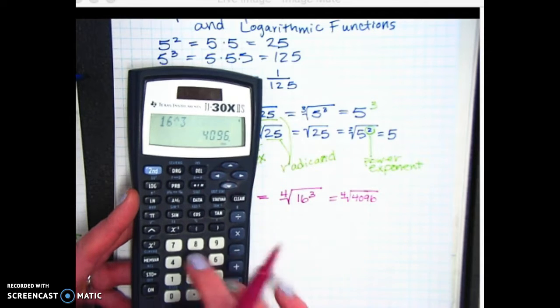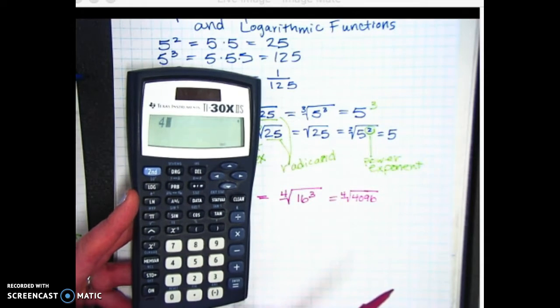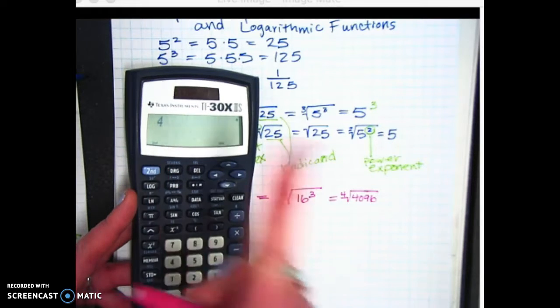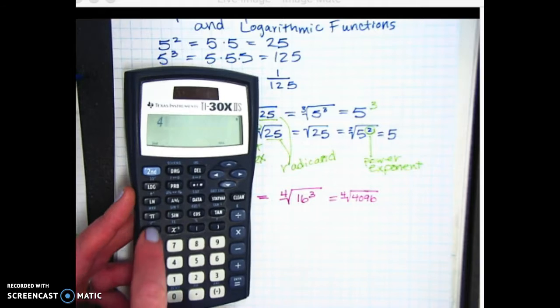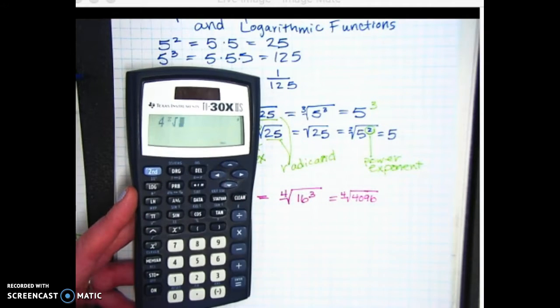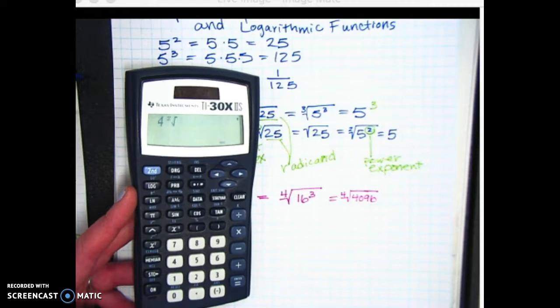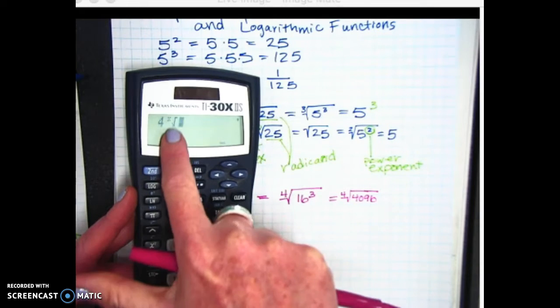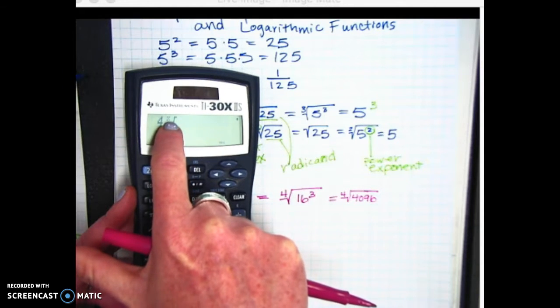Now we just need to take the fourth root. So on this calculator, you have to type a 4 first, because you want the fourth root. And then you hit second, or on some calculators it's shift. And then there's two different buttons. One that has the x root and one that's just a regular old square root, right? So if you're taking anything other than just the square root, so the third root, the fourth root, the fifth root, the 28th root, the 95th root, whatever, you want to make sure you get that x in there.